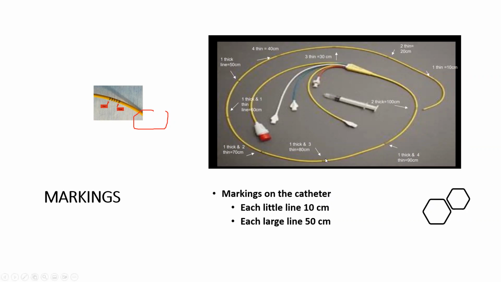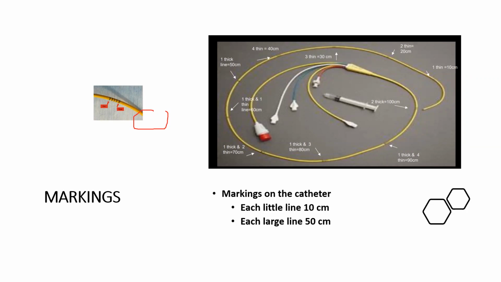Supposing now that you measured the exit marking as 45 centimeters, what that means is 45 centimeters is inside the patient. Okay, so that is the first important thing to remember: make sure that you look at the exit mark and chart accordingly what the exit mark is.